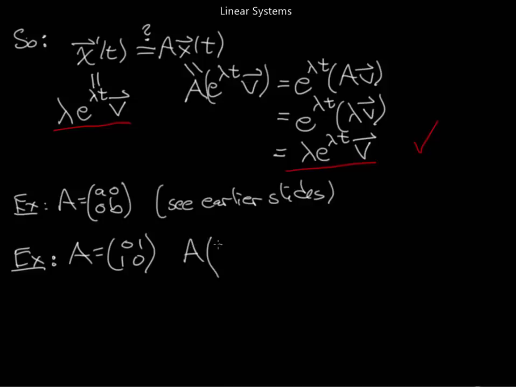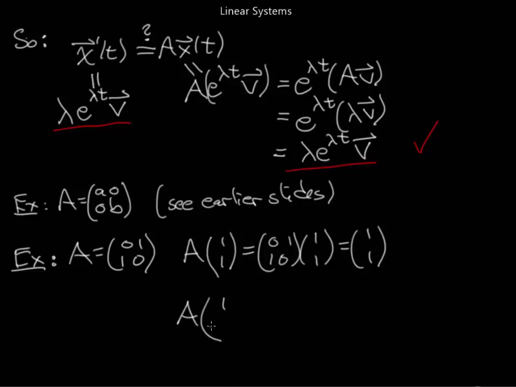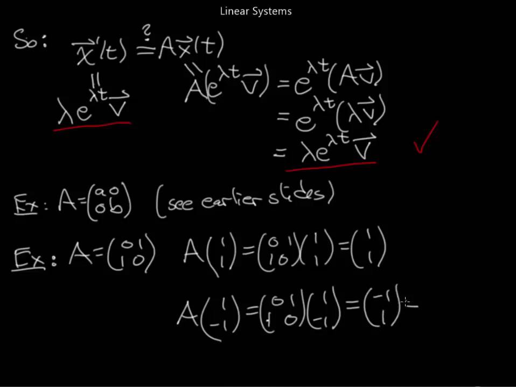So let's see. A applied to (1, 1) is (1, 1). So that says that the vector (1, 1) is an eigenvector, and A takes (1, -1) to, let's see, what does that do? It takes (1, -1) to (-1, 1), which is minus 1 times itself.